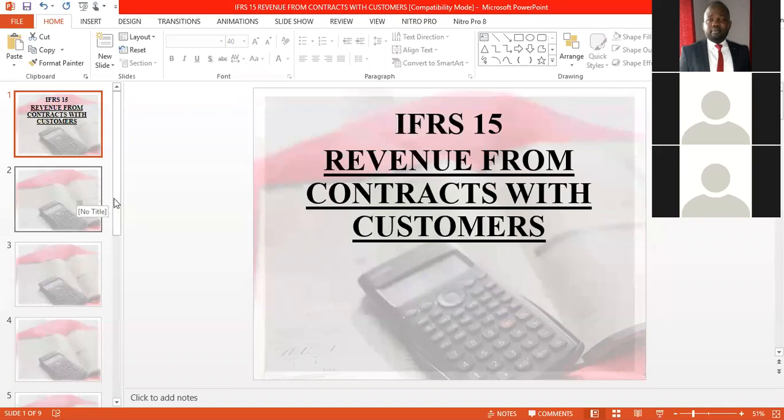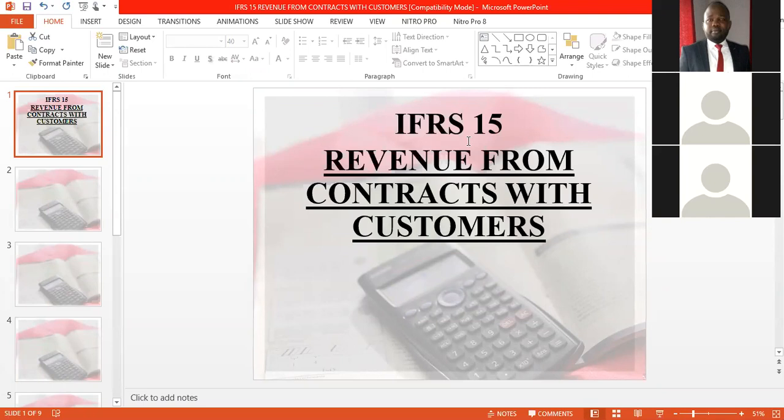Please note that this standard applies to contracts which take more than 1 year. For example, you are constructing a house for a client. Construction of a house, if it will take more than 1 calendar year, qualifies to be under IFRS 15. Maybe you've won some tender to construct a road for the government.